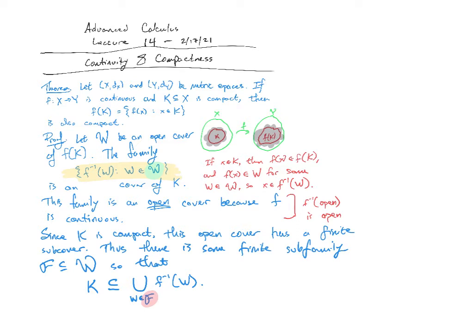Now, but what we really want is a finite subcover of the image. So what do we want? We want some collection of sets, some finite subcover of W that covers the image.